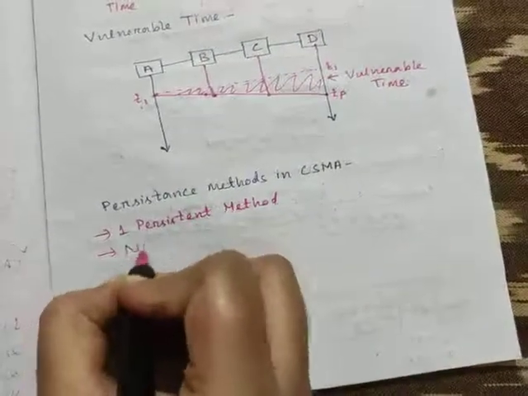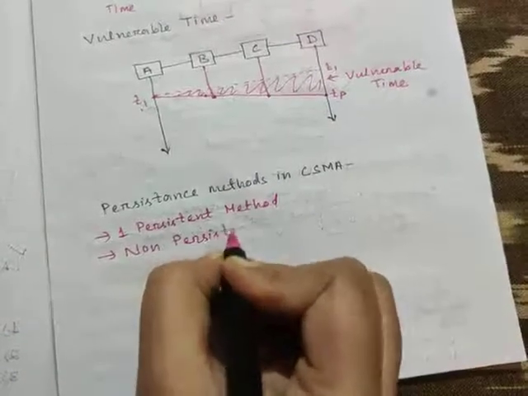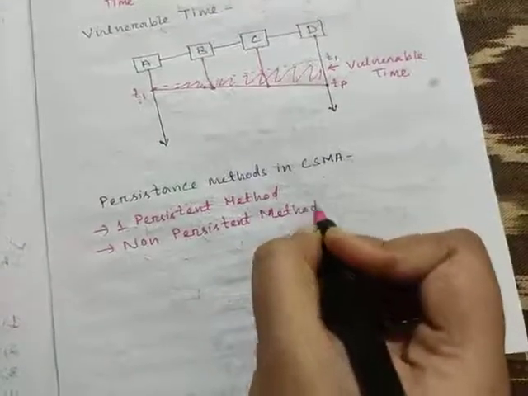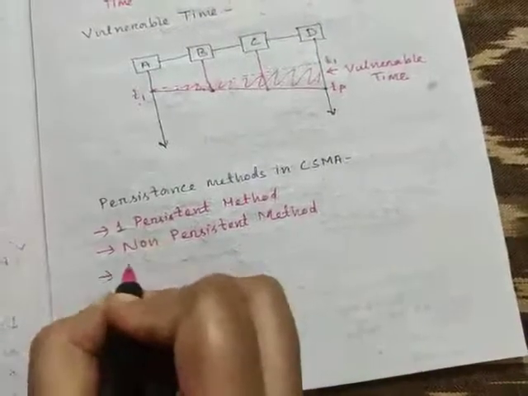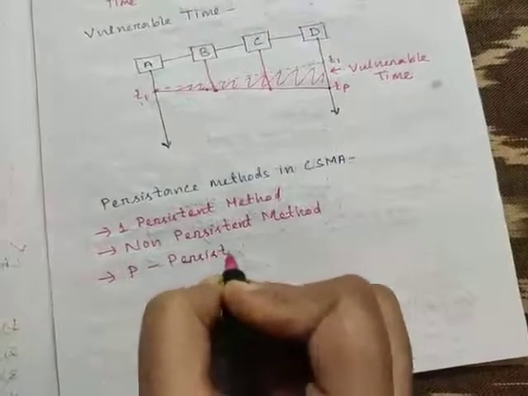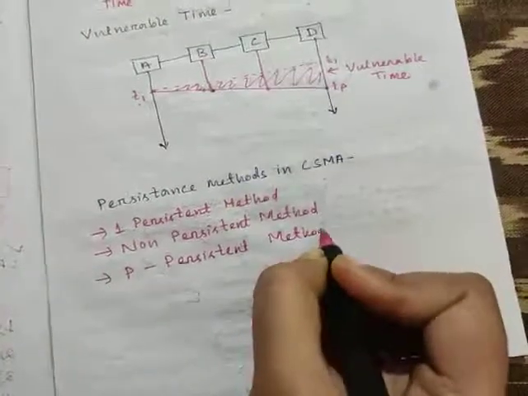Second is the non-persistent method. Third is the P persistent method. First we start with the one persistence method.